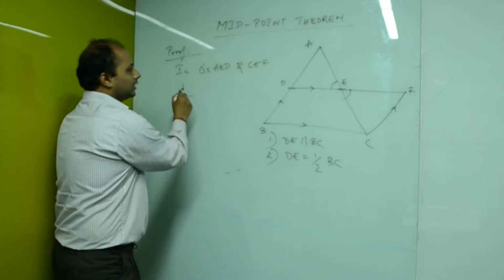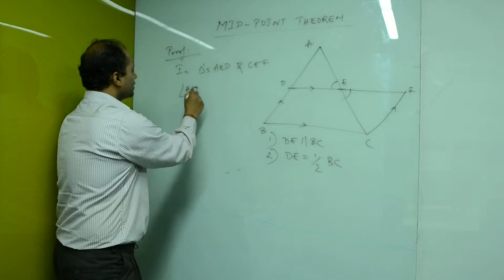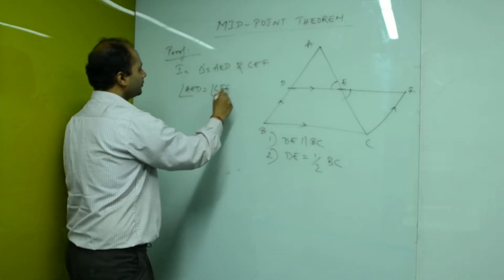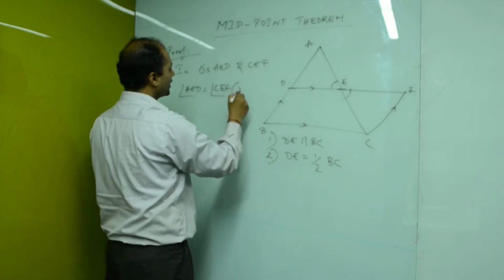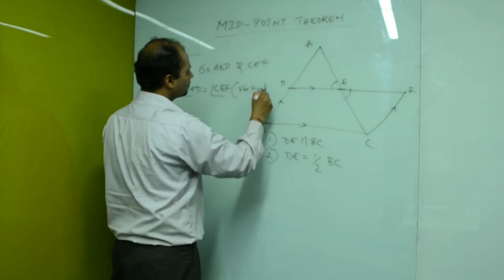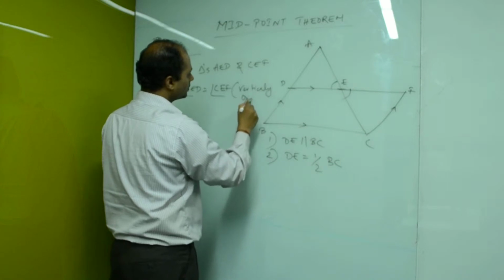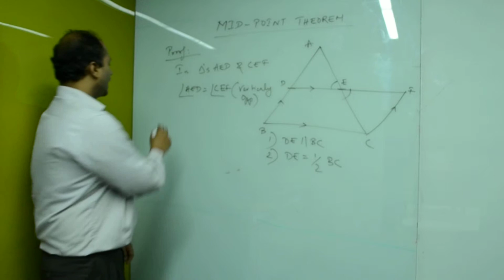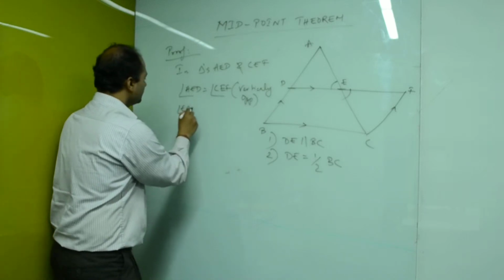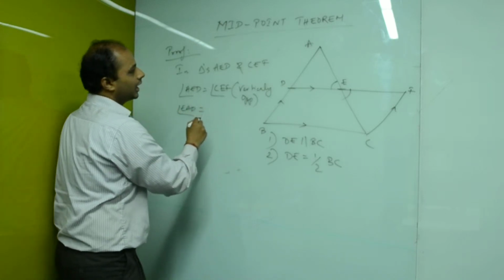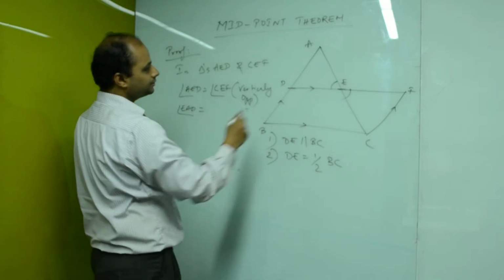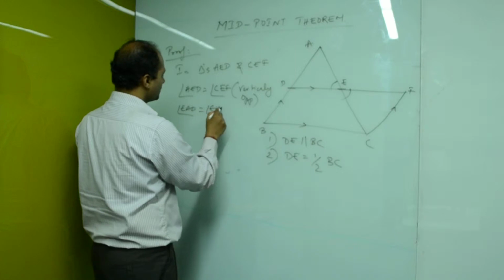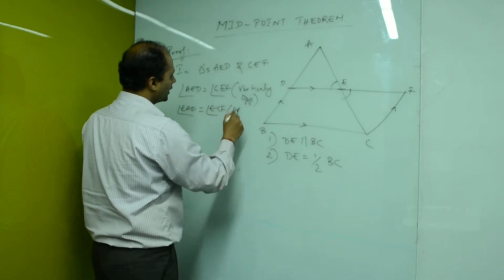We have angle AED is equal to angle CEF because they are vertically opposite. Then angle EAD is equal to angle ECF because they are alternate angles.